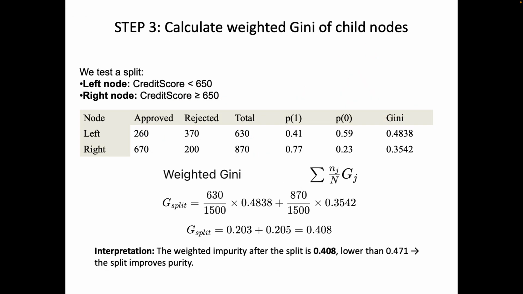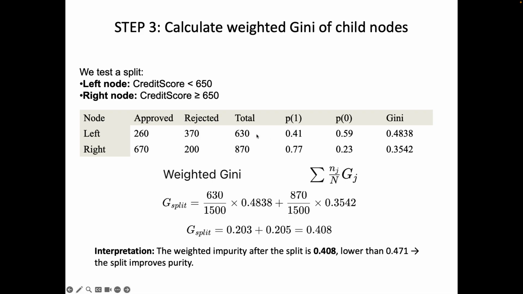So let's go to the next one. After splitting, I calculated the Gini. And this is p1 and p0, so there are only two classes. On the left side, there are mixed rejected and approved.